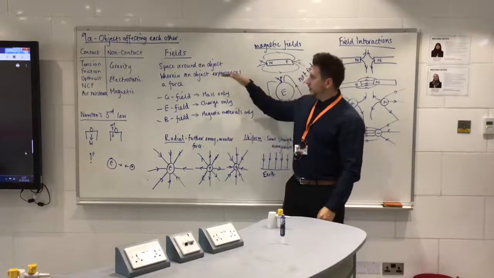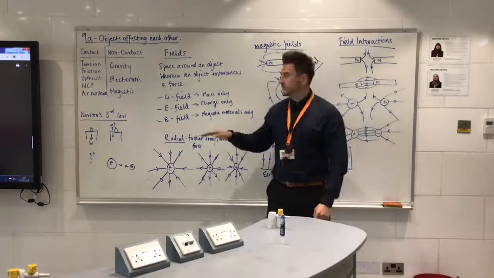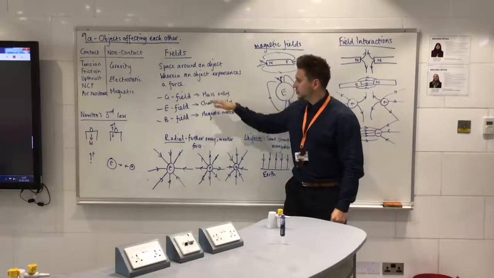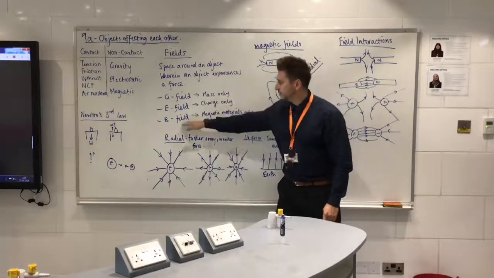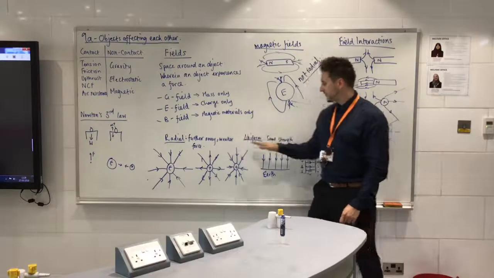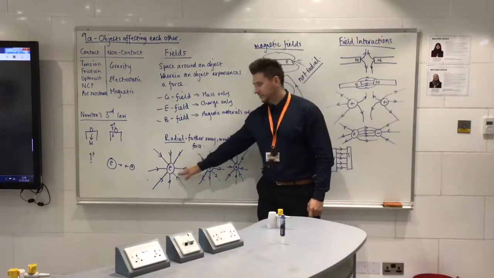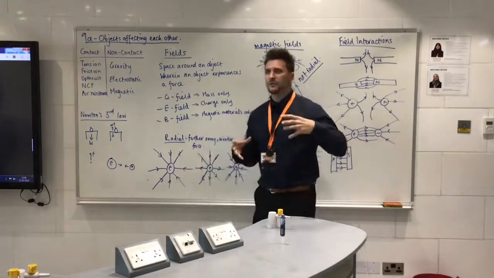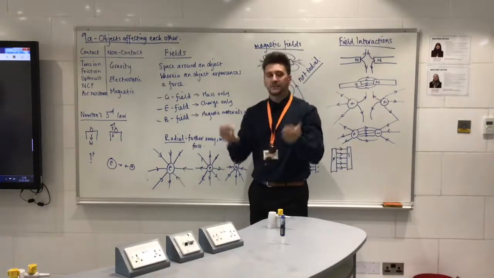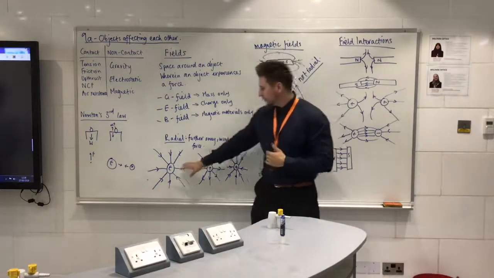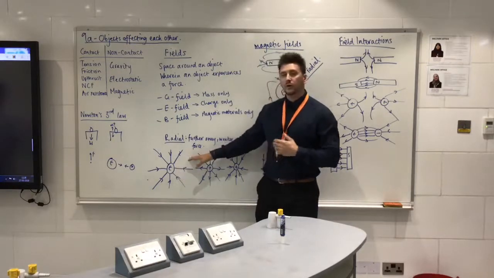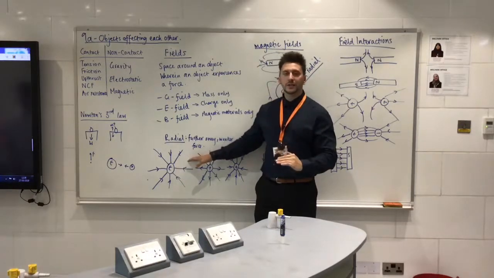Now, going even deeper into the three types of field: gravity affects only mass, electric fields affect charge, and magnetic fields affect magnetic materials. You have different types of field as well. The first type we're going to look at is the radial field. If you move away from the Earth so that you can see the Earth as a sphere, then the further away you go, the weaker the field strength gets.